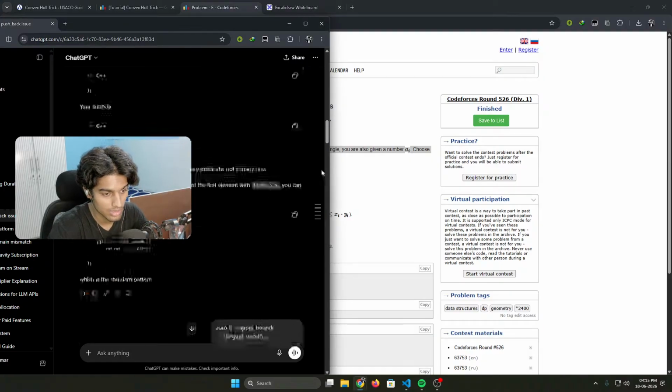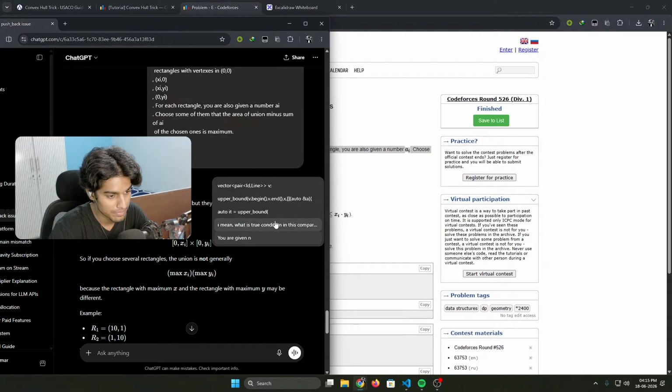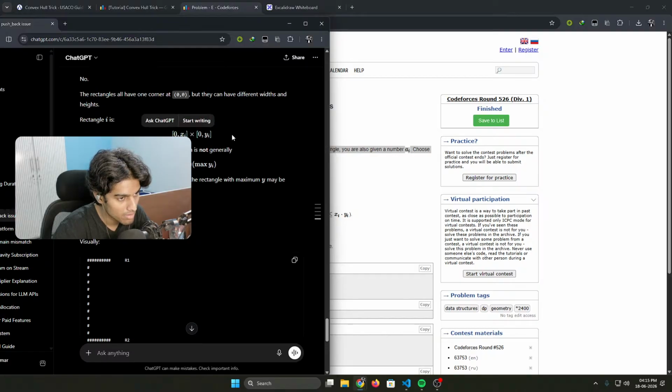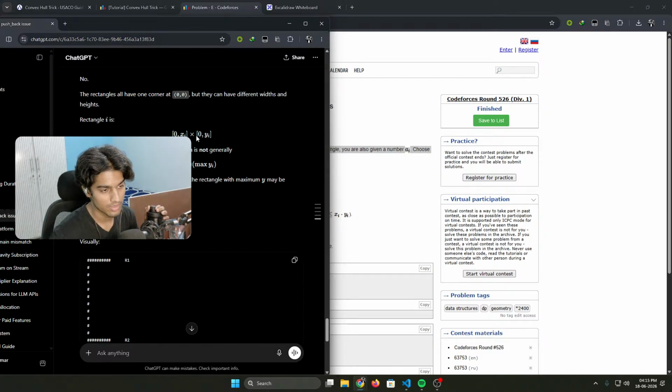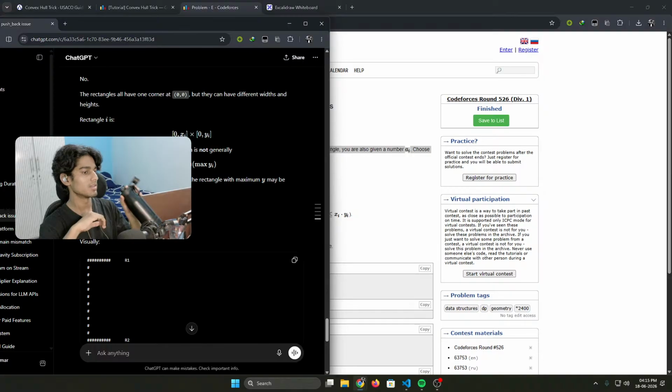Right. Yeah. So this is like rectangle i, 0 to x1 times 0 to y1. So if we choose several rectangles with maximum x, maybe different. Yeah, that is true.